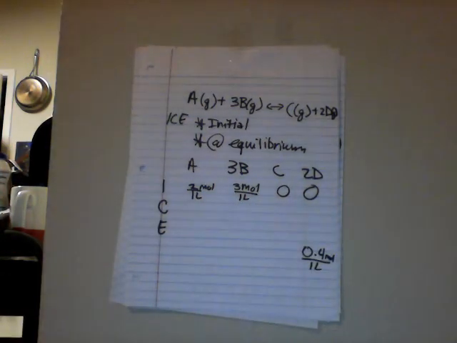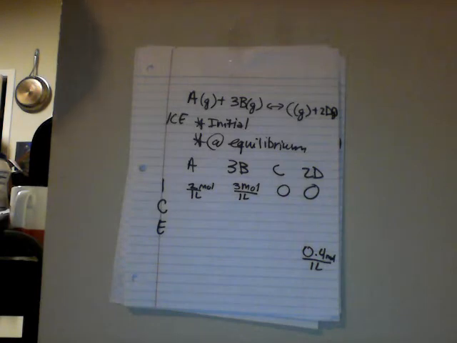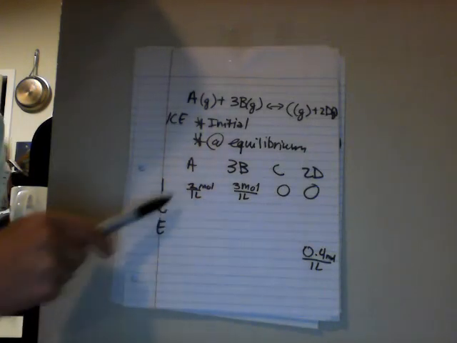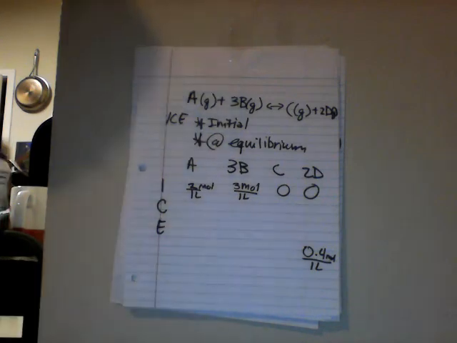So it will be just 0.4 large M, right? 0.4 molarity, because everything's considered to be in 1 liter in this case. So very simple, very easy to follow. Now, what does that mean? That will give me my change, and then I will be able to fill in all equilibrium values.